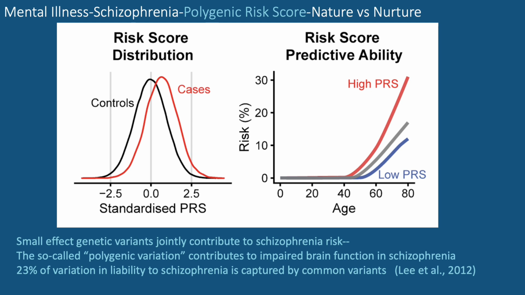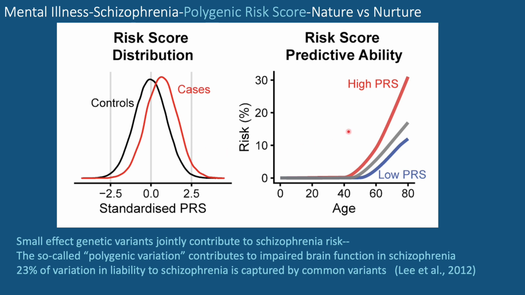On the x-axis, what you see is the distribution of people across standardized polygenic risk score. The controls have a distribution that is more to the left than cases. That means that cases have a higher number of variants that are associated with the disease.